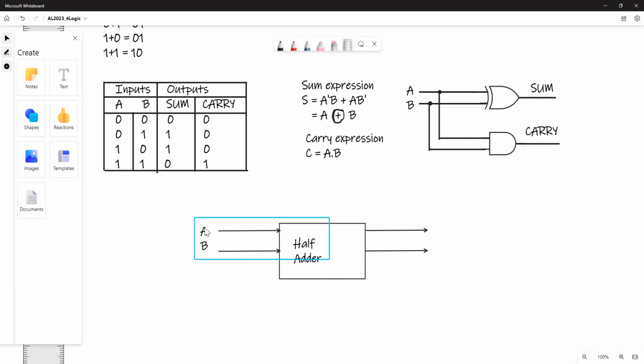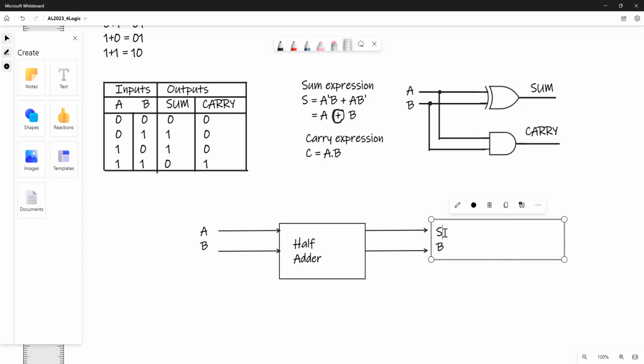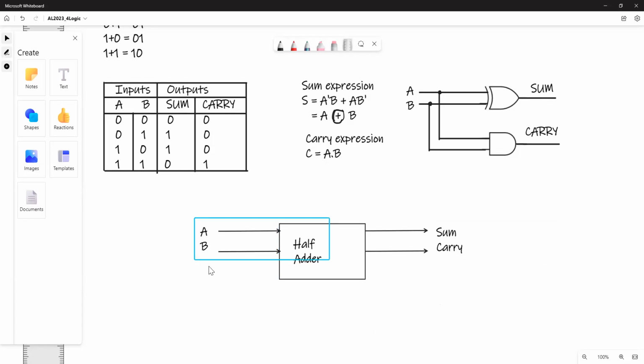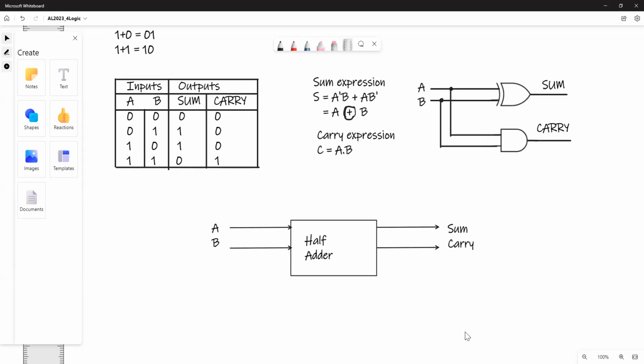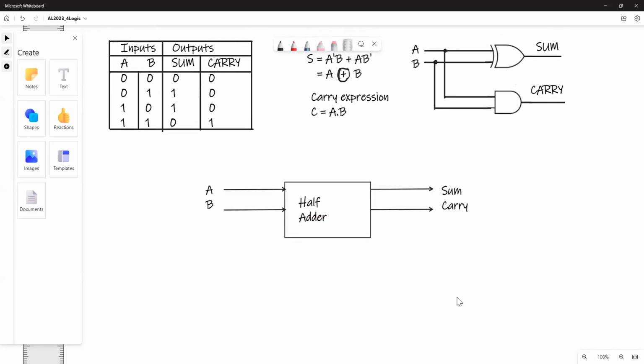And then what we got as the output is sum and carry. So you can see it basically mapped the input to the output.